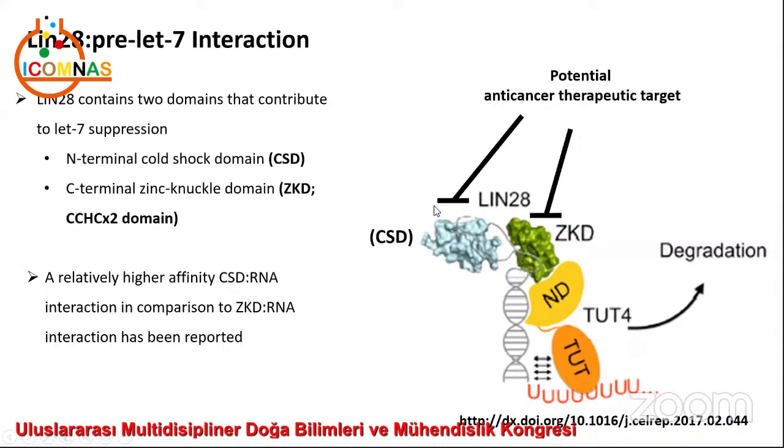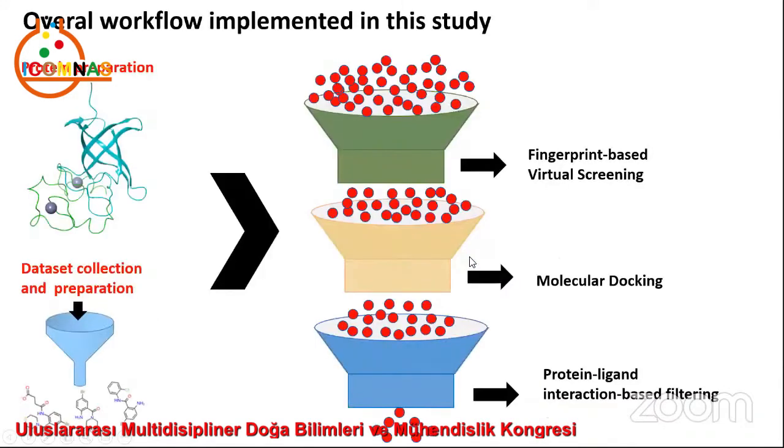Therefore, it is suggested that it is more favorable to identify small molecule inhibitors for binding onto the cold shock domain. In our work, we are aiming to focus on small molecules that can bind into the same region where the microRNA is binding to the CSD domain.